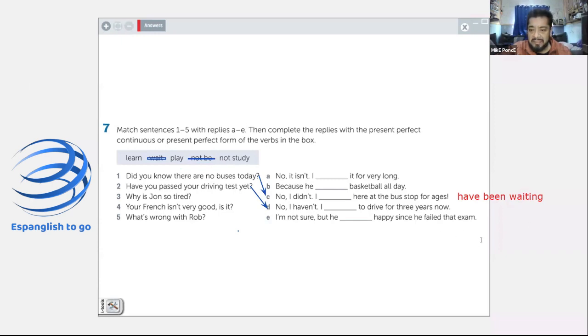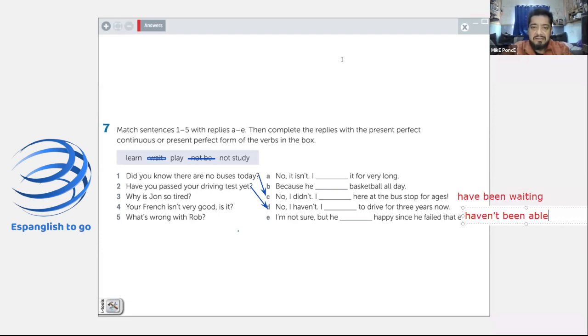No, I think it's negative, so I haven't. Then verb to be in past participle, I haven't been maybe able. I haven't been able to drive for 3 years now. It's a possibility. What other option do you think we have?